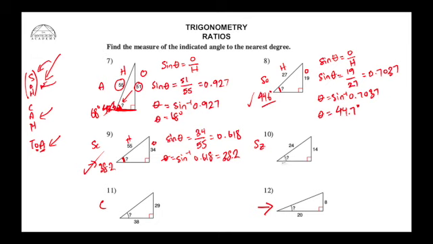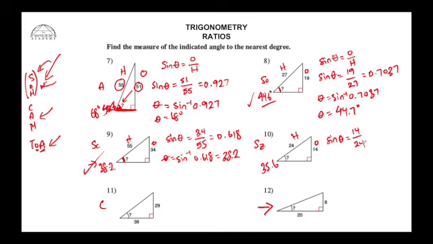Shazzy, you did this one? Yes, sir. What did you get? 35.66 degrees. 35.6. Well, let's see. This is another sine because we can see this is the opposite and this is the hypotenuse. So sine theta is equal to the opposite 14 over the hypotenuse 24. Right?